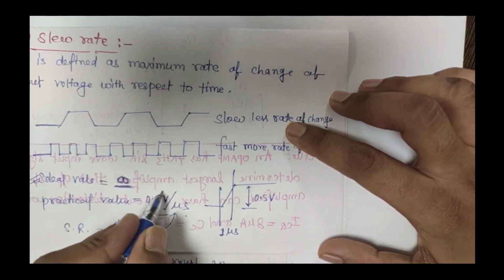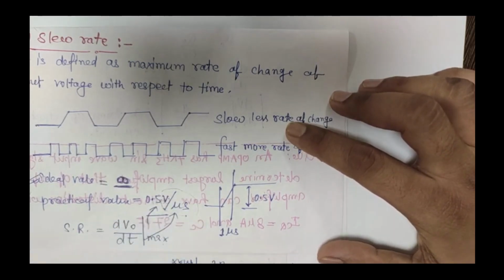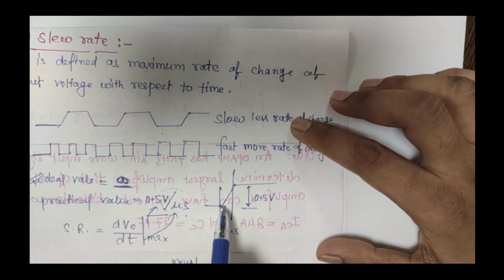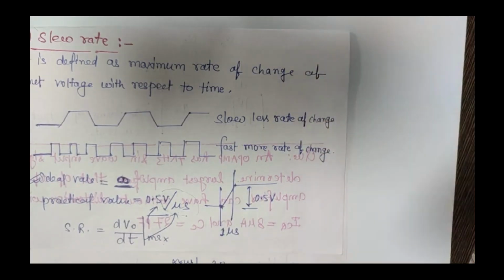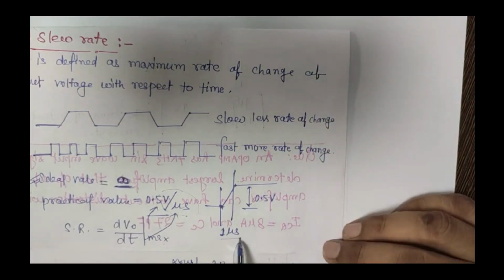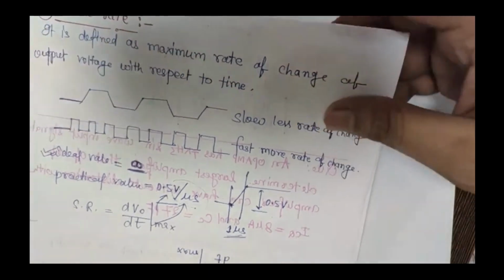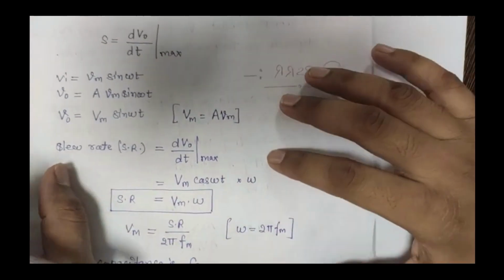Voltage generally is measured in volt per microsecond. 0.5 volt per microsecond means in 1 microsecond you can change maximum up to 0.5 volt. If you are taking 1 gigahertz frequency, then the maximum output voltage that you can take is 0.5 volt. This is what is meant by slew rate of an operational amplifier. This is one of the important properties of an operational amplifier.